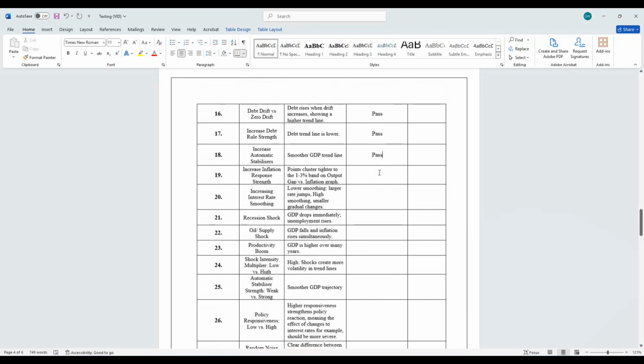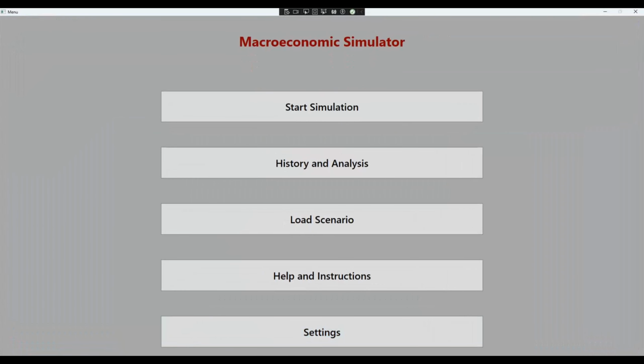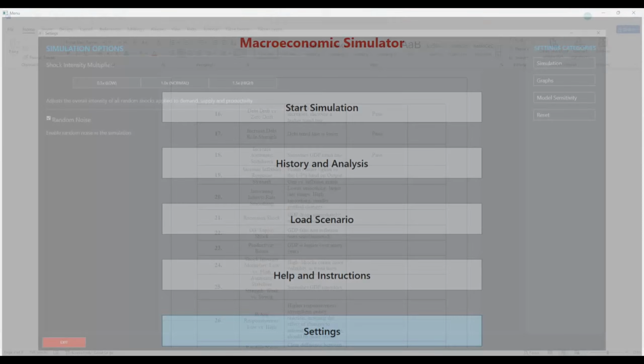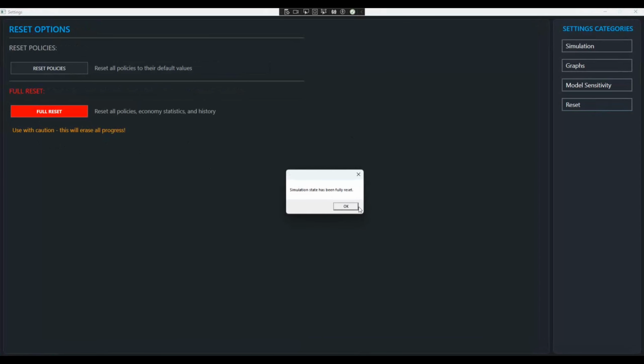The next test is that increasing inflation response strength should lead to the points on the output gap versus inflation graph clustering tight to the 1 to 3% band. So testing this out, resetting the simulation, and we will revert and reset the whole simulation.